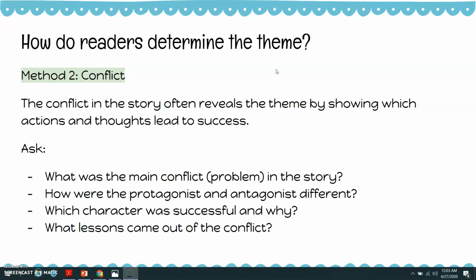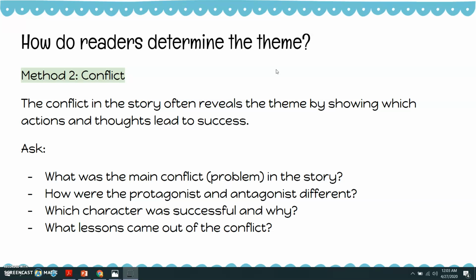Here's another way that we can determine the theme. We can look at the conflict or the problem in the story. The conflict in the story often reveals the theme by showing which actions and thoughts lead to successes. Remember, there's two types of conflict. There's internal conflict, where the main character is questioning themselves, and they're internally thinking about something.